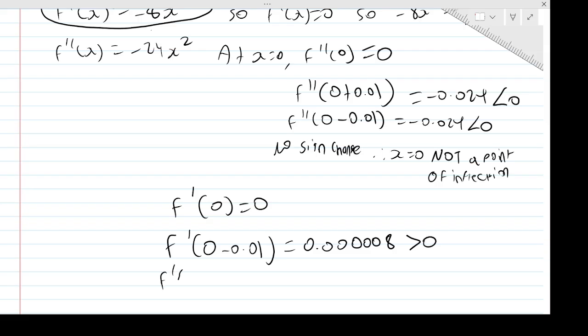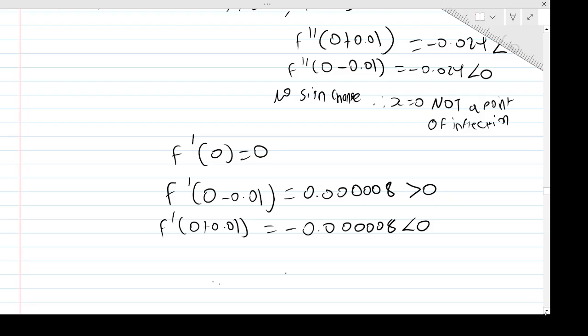Then if we go beyond 0, so if we add 0.01 after 0, well, actually the sign is the other way around. It's negative 0.00008. So what's happening here is the gradient before 0 is going from positive to then a negative afterwards.